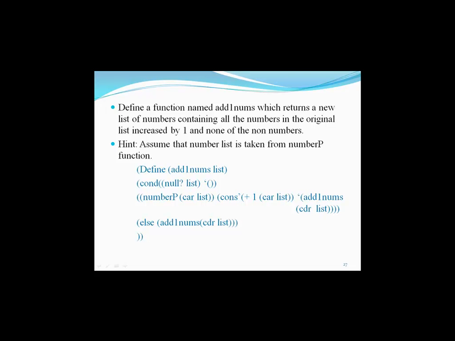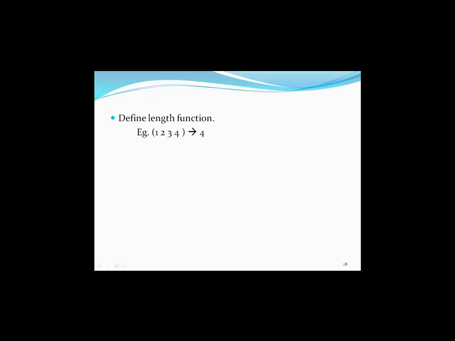Now we'll see how to define the length function to get the length of a list. Here we are giving a list with 4 atoms, so we'll get the output of 4. Now we'll see how we have written the function. First we define the function, give the function name as length, and the parameter we are passing to the function is list. Here we are using the cond function.